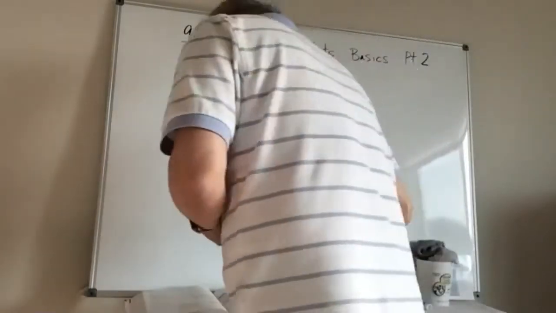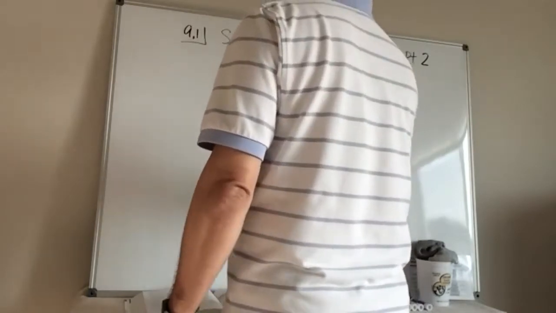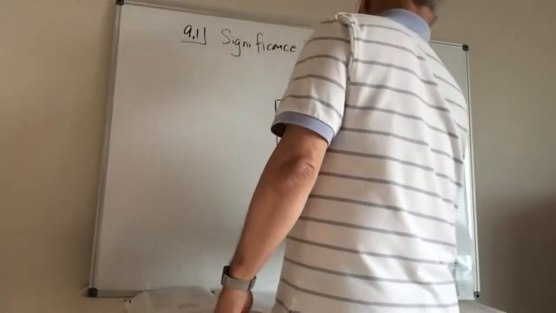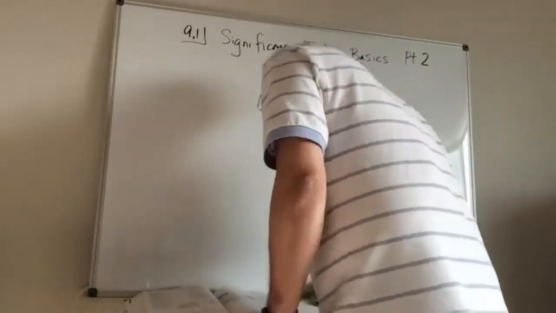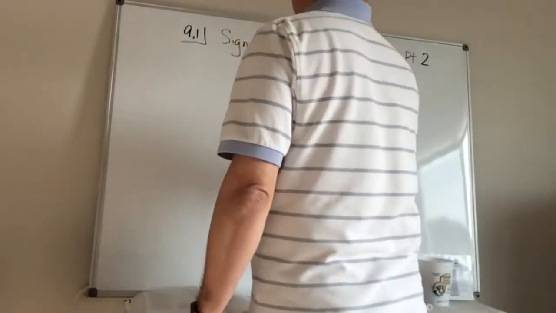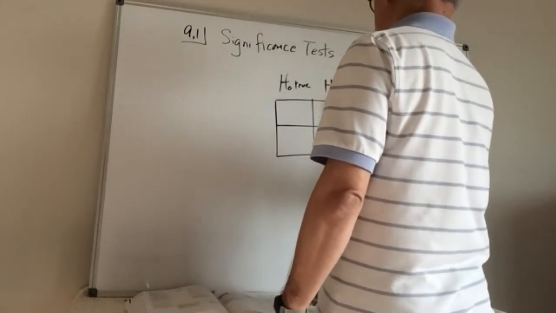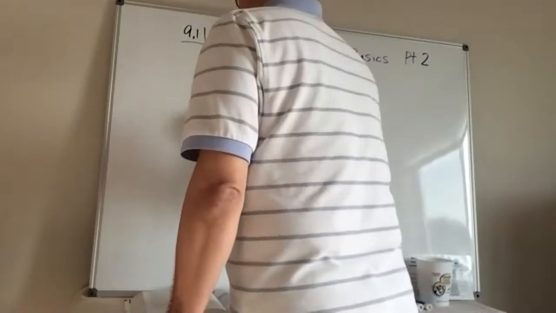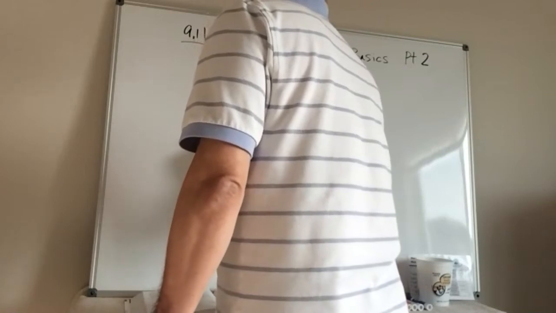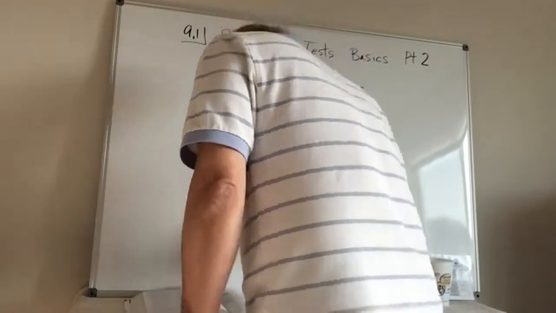If you look at the bottom of page 560, you have H0 is true, Ha is true, and then you have rejecting H0 and failing to reject H0.